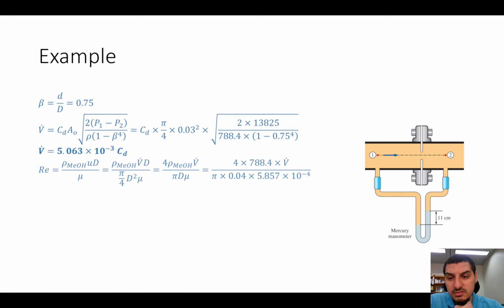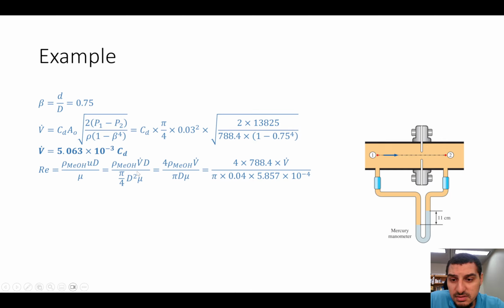Reynolds number is rho U D over mu. This rho is the methanol density, and U and D are the velocity and the diameter at this point, because this is the Reynolds number of the flow. It's not specifically for the orifice. We put the velocity as the volumetric flow rate divided by area, because we don't know the velocity.